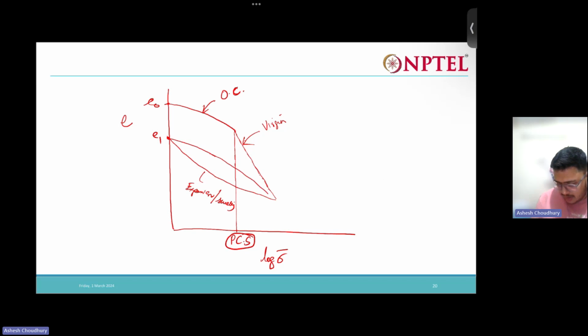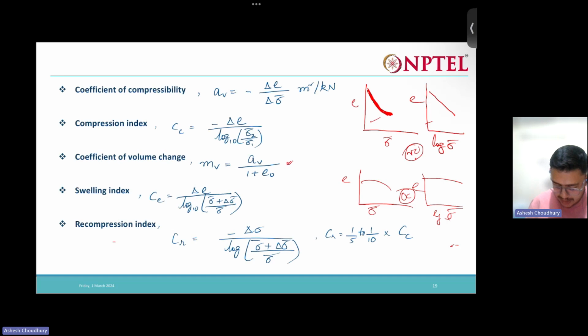As soon as we cross this point, we again get the normally consolidated curve. This is how the test diagram looks. This is the recompression. Now I hope this swelling index and recompression are clear to you.